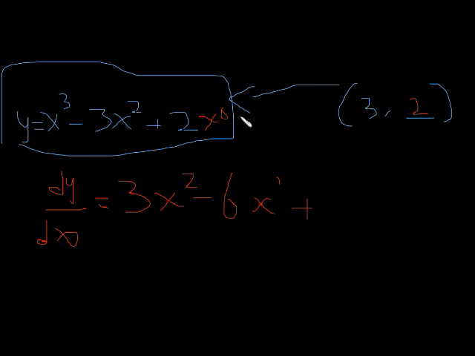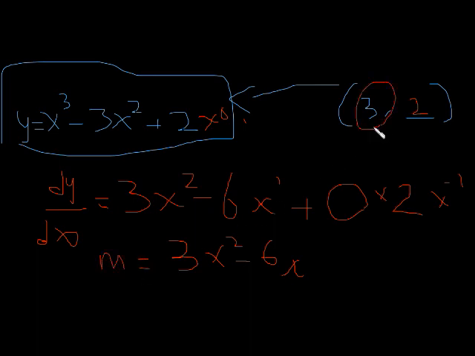So for that, the power will multiply by the coefficient, which is 0, and the x power will reduce by 1, so 0 minus 1 is minus 1. Therefore we have 3x squared minus 6x plus 0 times anything is 0, so plus nothing. So we are done with the equation of the gradient.